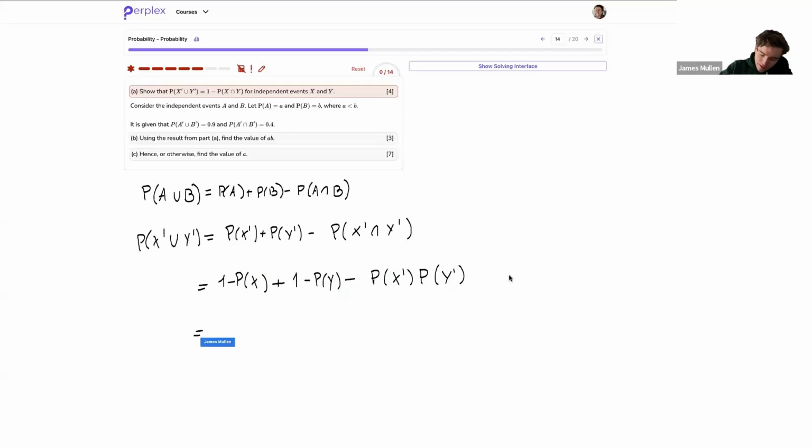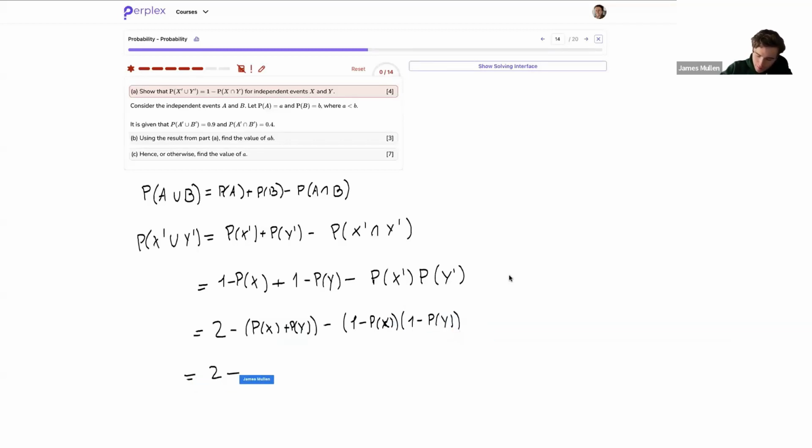Now, I can write this as 2 minus P of x plus P of y for now, then minus, and then I'm going to do the same thing for P of x prime here, 1 minus P of x times, and that's supposed to be capital X, and this one too, 1 minus P of y. Now I expand as much as I can.